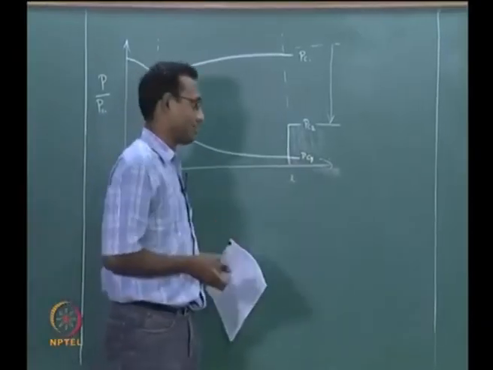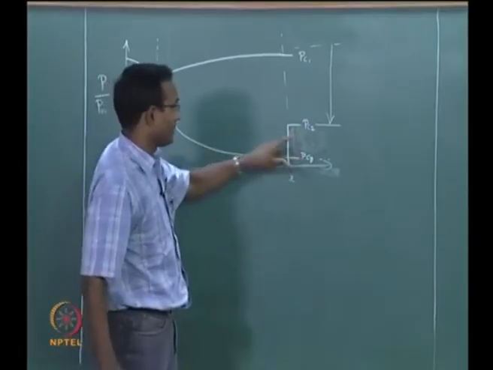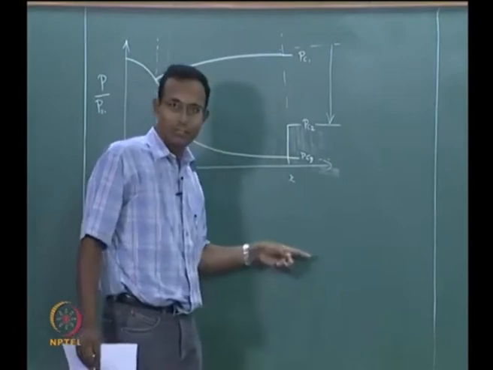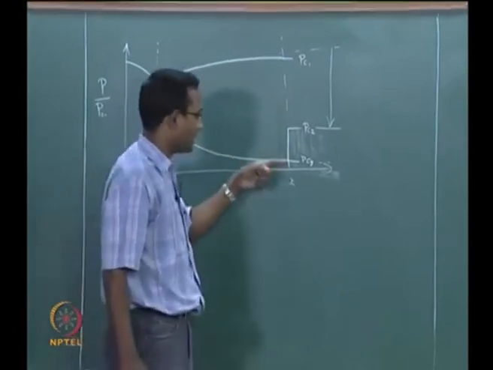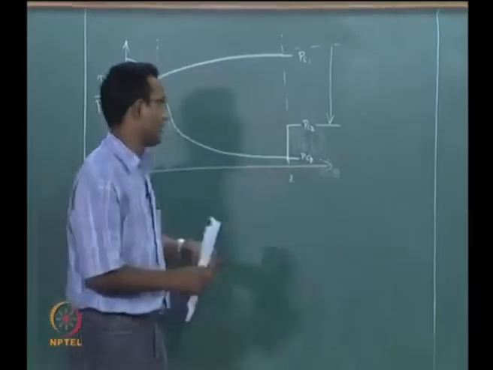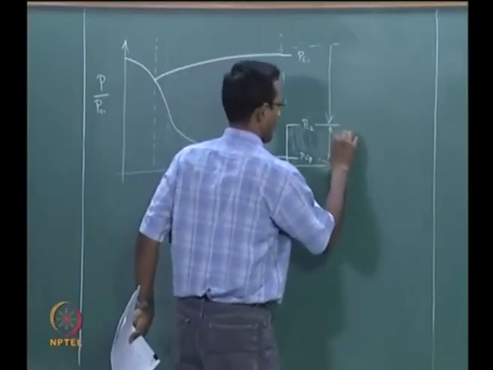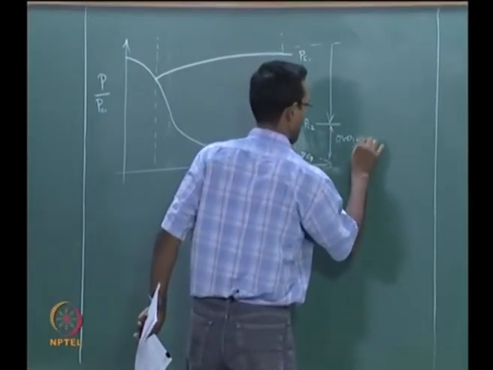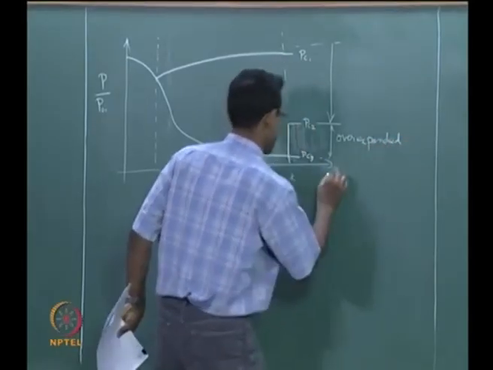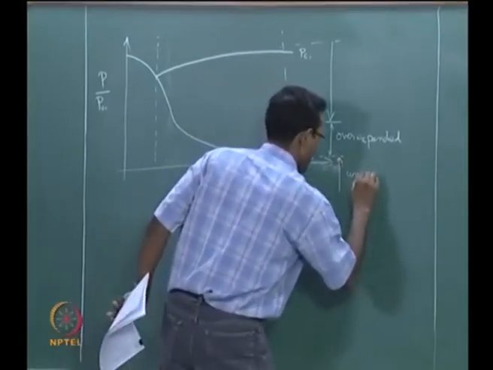That also we discussed. We have left out a huge range of pressures here just below Pc2 all the way down to 0 pressure value, which may be very low, and except for this one point Pc3. We have missed a whole range of regions, and we called this region over expanded and below this region under expanded.